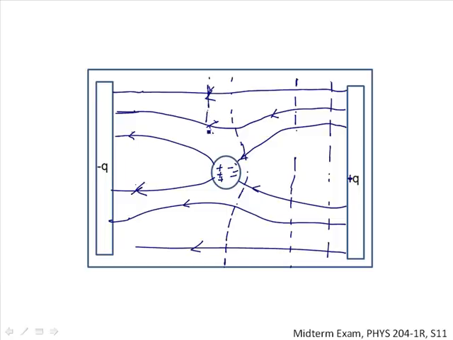Some of you thought that you were just supposed to draw the charges in the middle, and I understand that the question was sort of poorly worded, and so I didn't count off for that. Alright, so that's how it should look. So that's what I intended.